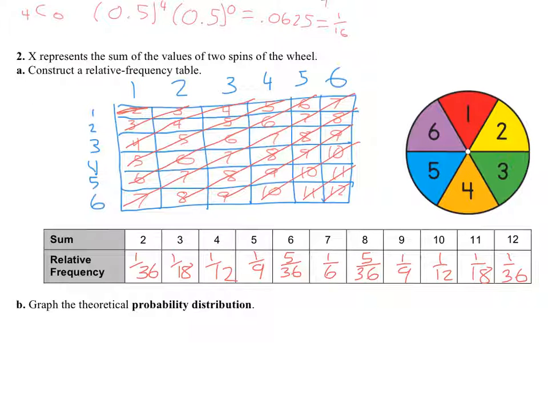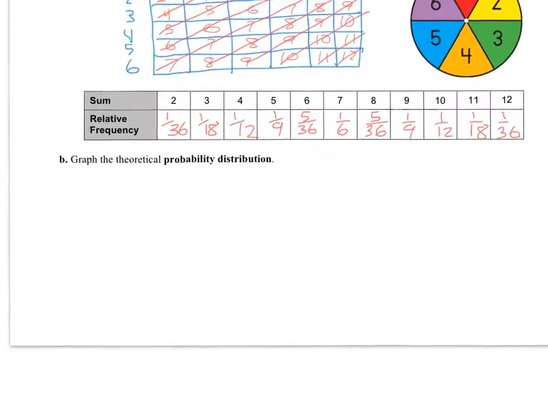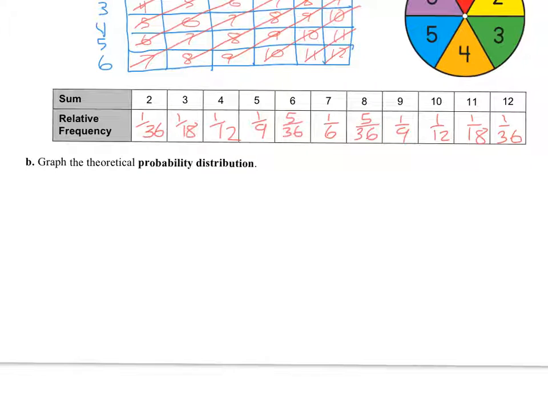Okay, now we have to graph the theoretical probability distribution. Okay. So I want a label. Anytime I make a graph, I want to make a label for it. So this graph is for the sum for 2 spins.